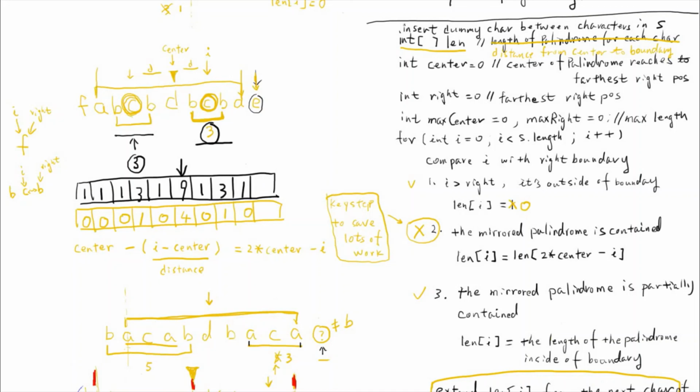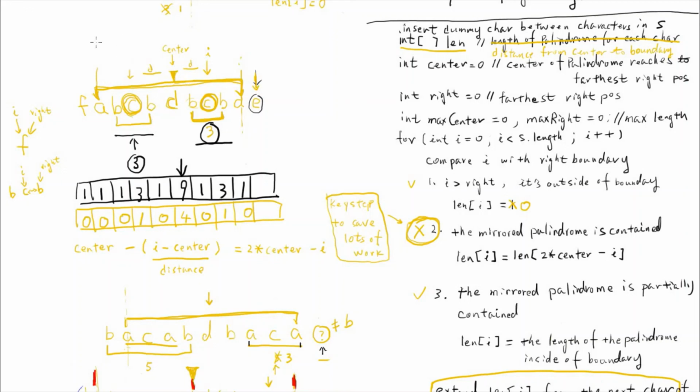For example, we have found this palindrome from A to A. Then, when we move the pointer to D, if the palindrome we found is contained by this bigger palindrome, then it's scenario number 2. It always fails. So it never tries to extend from B or from C or from D. Only when it comes to the edge, then it has a chance to expand the palindrome again.